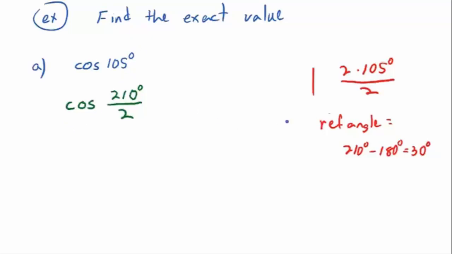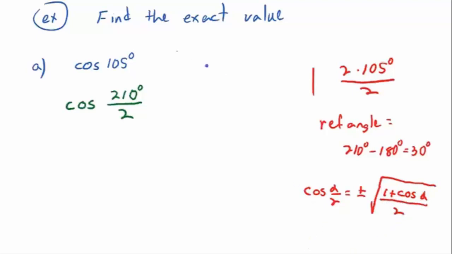And of course, we have a way to do that. We have the half-angle identity for cosine, which says that the cosine of alpha over 2 is plus or minus the square root of 1 plus cosine alpha all over 2.